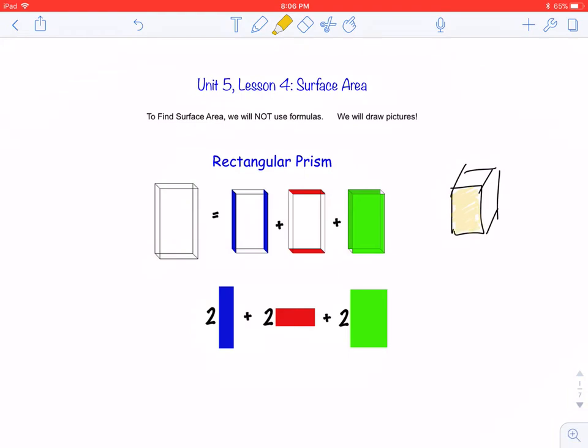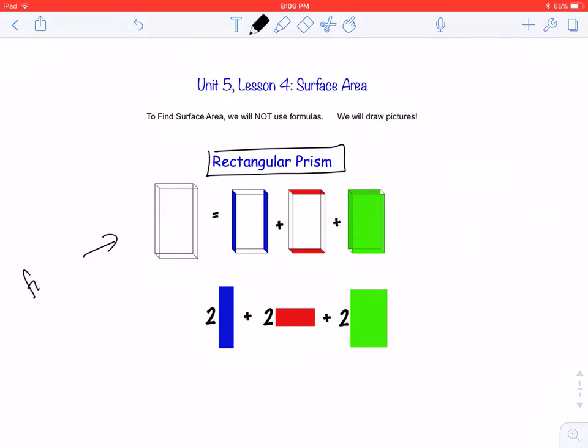We're going to add them up separately, but then together come up with a total surface area. So let's start with a rectangular prism. This is the formula for the surface area of a rectangular prism. All you have to do is think about which rectangles are the same and then add them up.